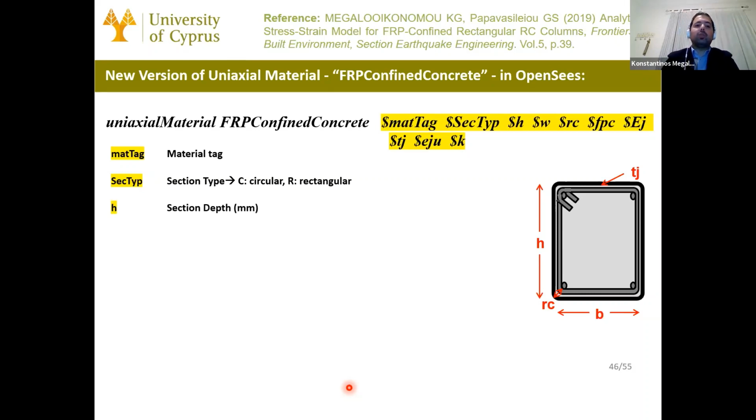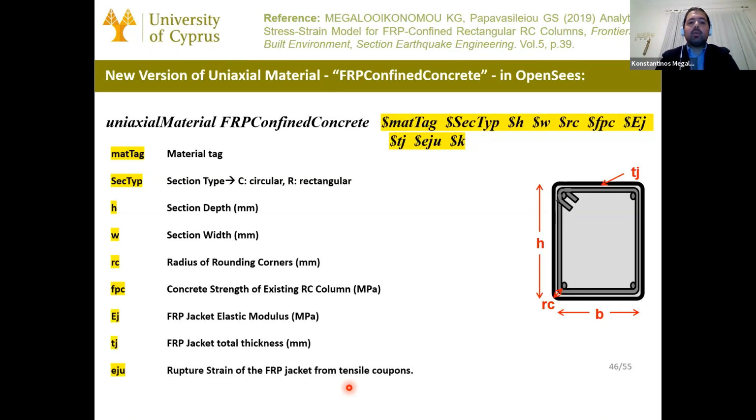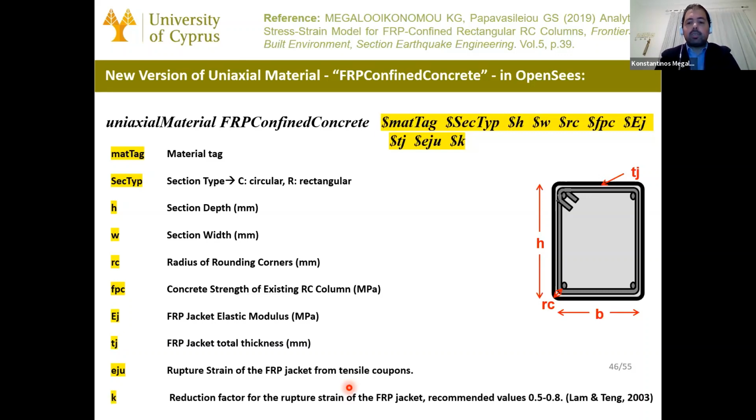Then you need to define the section depth, the section width, the radius of rounding corners, concrete strength of the existing reinforced concrete column, FRP jacket elastic modulus, FRP jacket total thickness, and rupture strain of the FRP jacket from tensile coupons, and this reduction factor is always necessary as this is widely accepted in the experimental results of FRP jacketed columns.